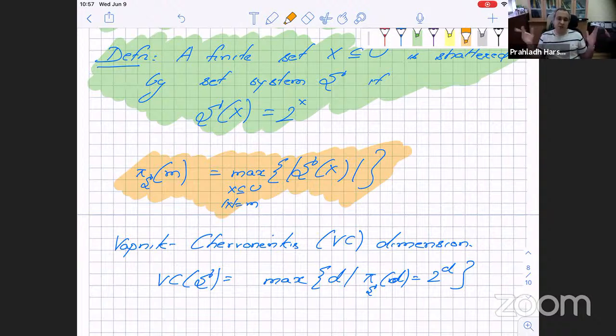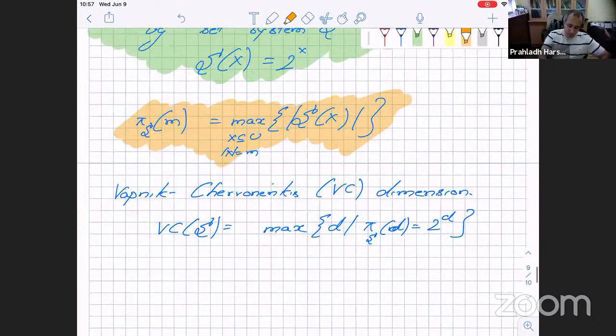If the VC dimension is infinite, then there exist sets of larger and larger size m, and pi_S(m) can be equal to 2 to the m. What we will show is that if the VC dimension is bounded by d, pi_S(m) cannot grow exponentially large. This is what I'm going to prove.